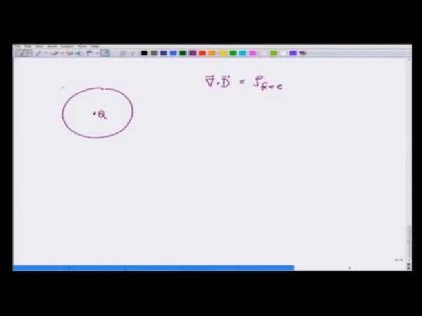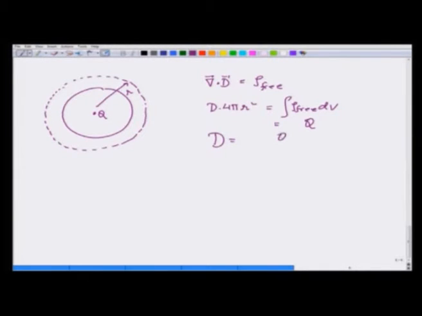So, now I can use Gauss's theorem outside, and that will give me D times 4 pi r square, if the radius of this outside sphere is r, equal to the integral of rho free dV, which is q free. That is my q, and therefore, D comes out to be q over 4 pi r square.